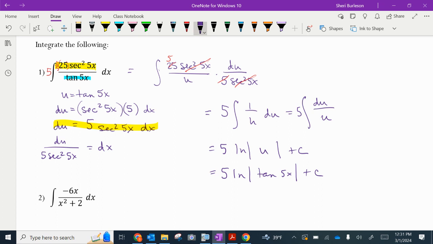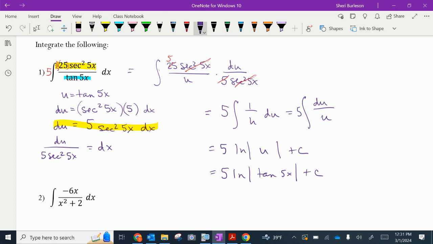How many of you struggled on this one because you didn't know what the u needed to be for the u substitution? Okay. So what I said, did that help? Look for the derivative. That'll help you see what you need to start with for the u. What if we did u as secant squared?